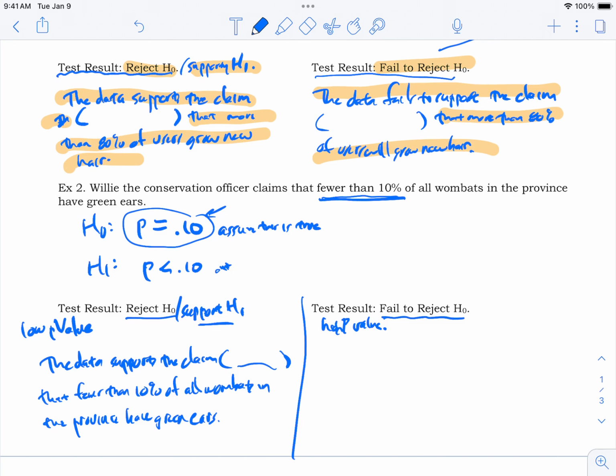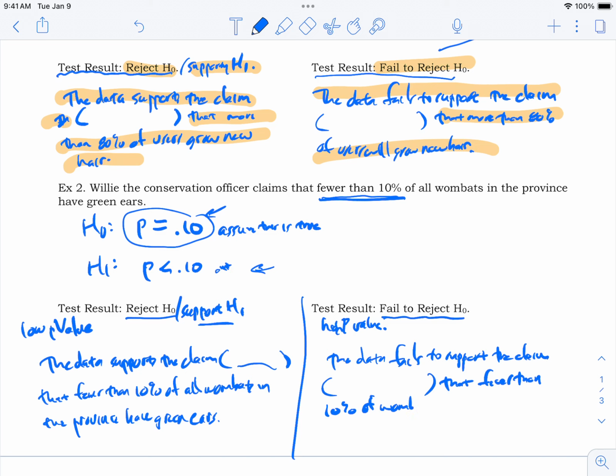So I could say fails to reject 10%, but usually you want to address it in terms of what the H1 is. And so I'll say, the data fails to support the claim (something in parentheses) that fewer than 10% of all wombats in the province have green ears.